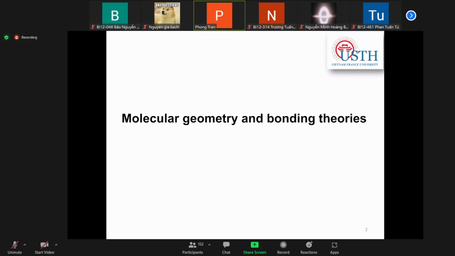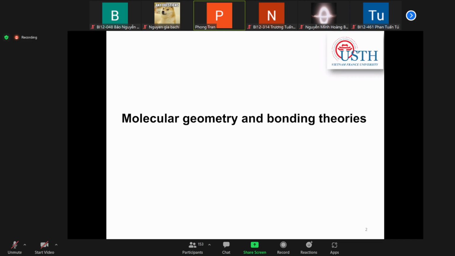Then when we have this geometry, we will discuss again the question of polarity, because the polarity of one compound decides its reactivity, stability, and at least one important physical property, which is solubility. We know that like dissolves in like.